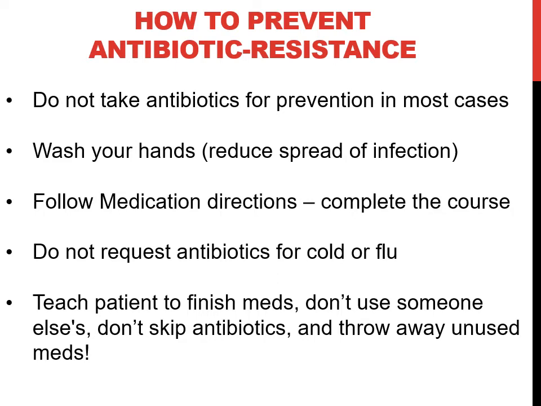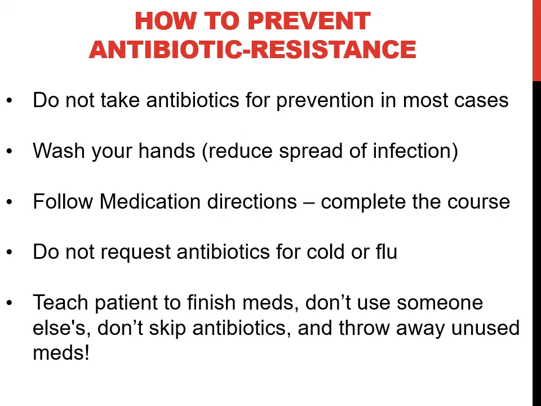Okay, so not many examples of where you need to take antibiotics to prevent infection. Another example would be sometimes we'll give antibiotics for a significant cat bite or a dog bite to the hand.